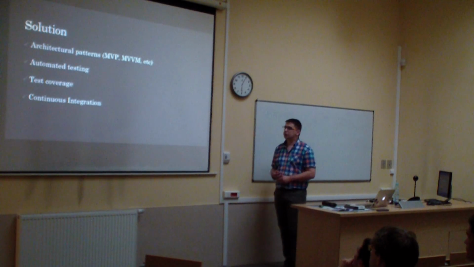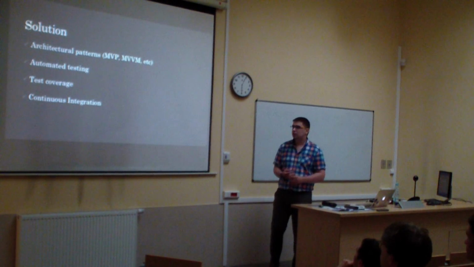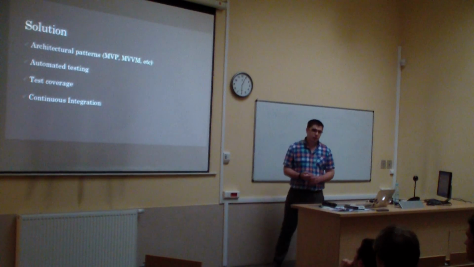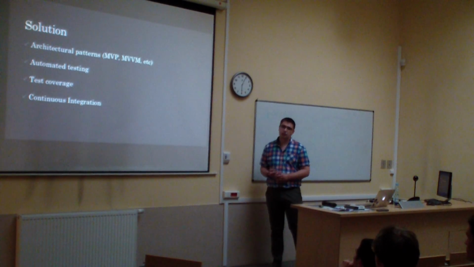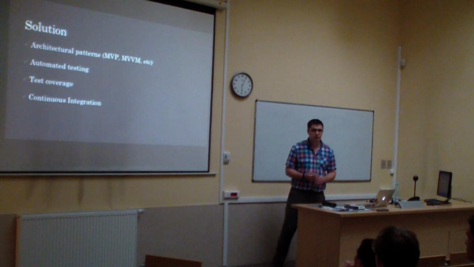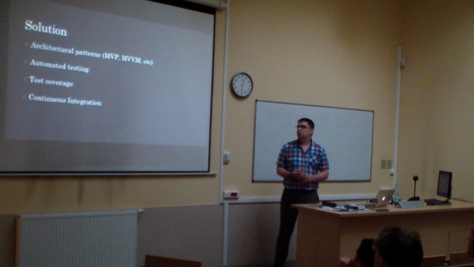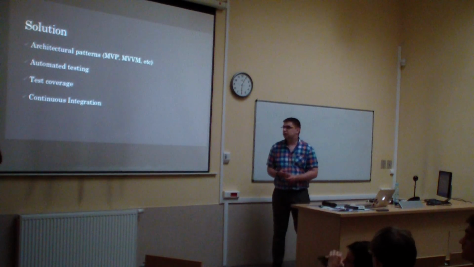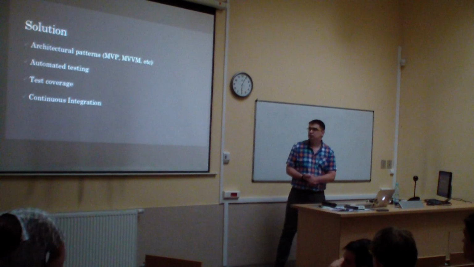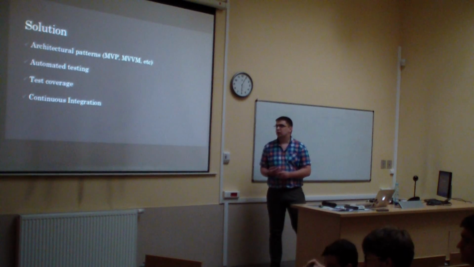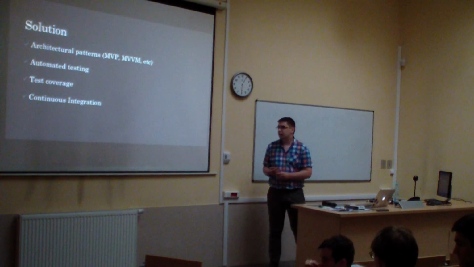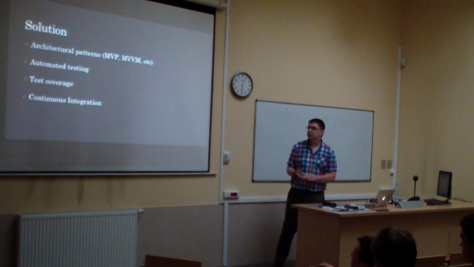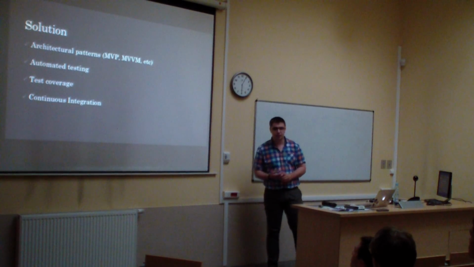Fortunately, we have some solutions. First of all, it's architectural patterns. This means that it's a really good idea to separate your source code into different layers. We can use one of many approaches. And when we talk about automated tests, probably a really near thing is test coverage and a continuous integration system.